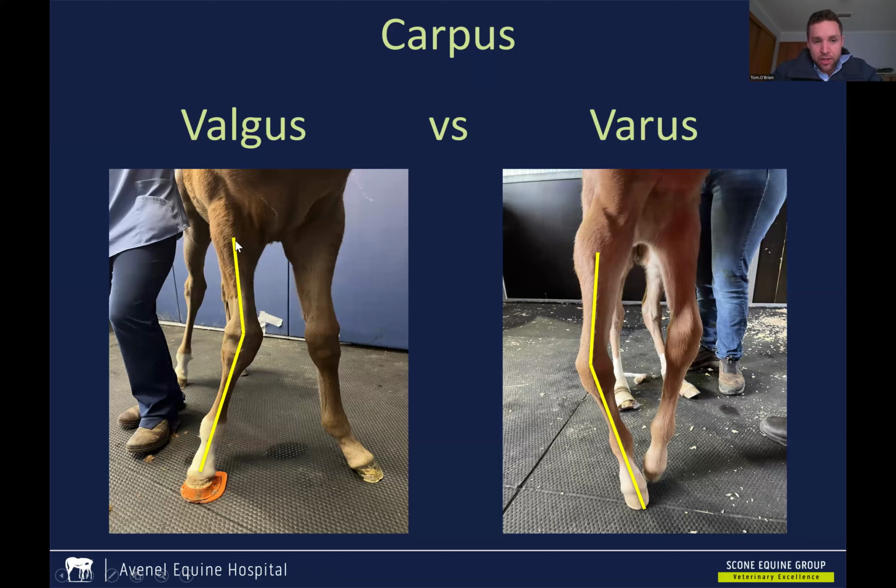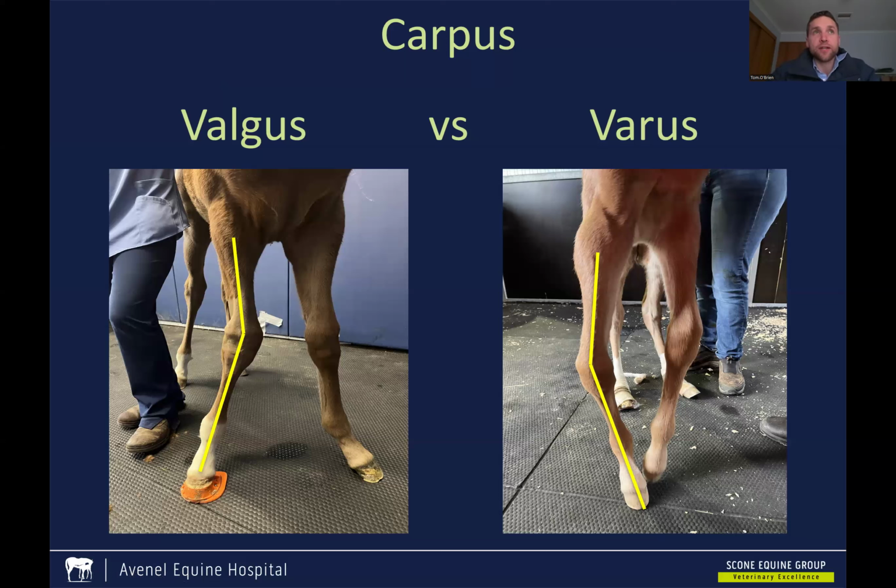We'll draw a line down the front of the radius, above the carpus, and then we would draw a line down below the carpus, and look at which way the line below the joint is going. If it's going outwards, or lateral, we would refer to that as a carpal valgus. And the image on the right shows that if we draw those lines and the line goes inwards, we refer to that as a carpal varus.